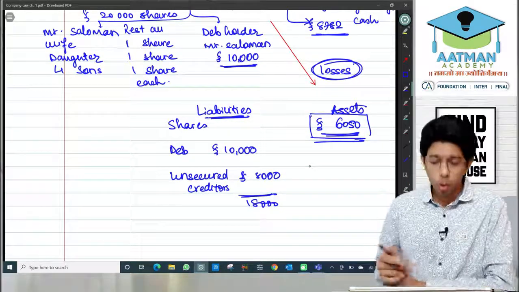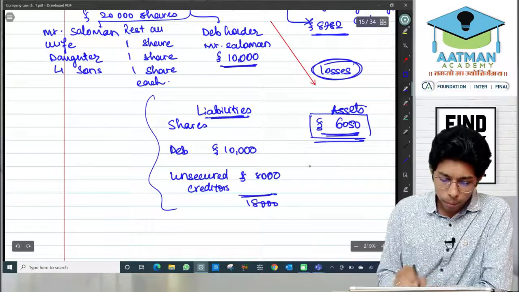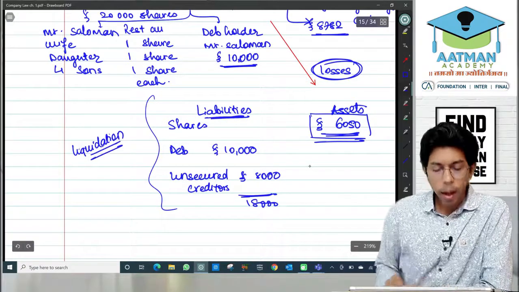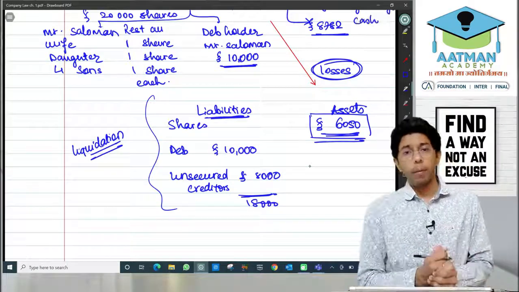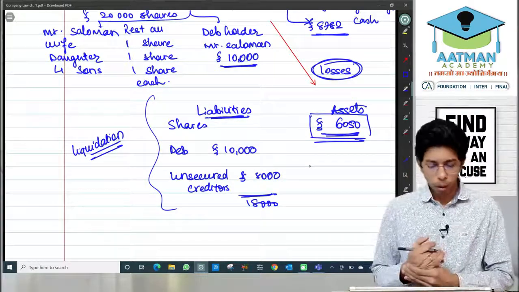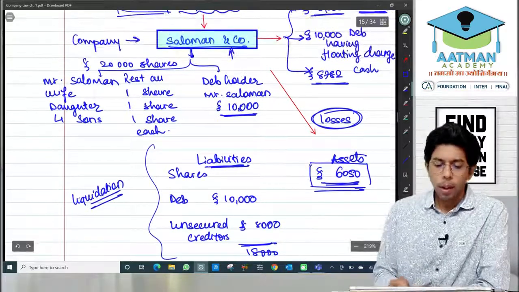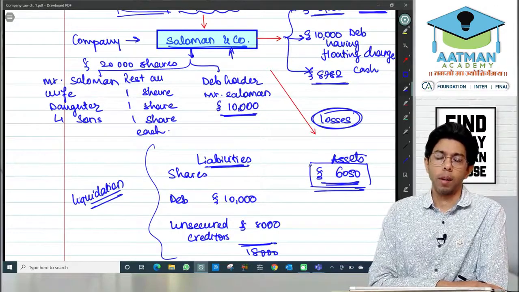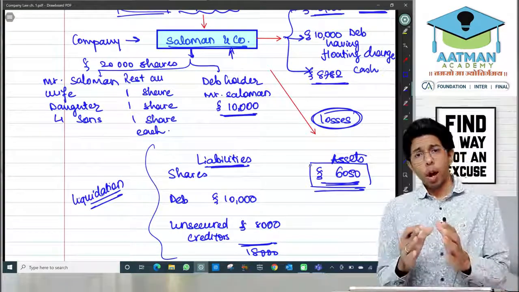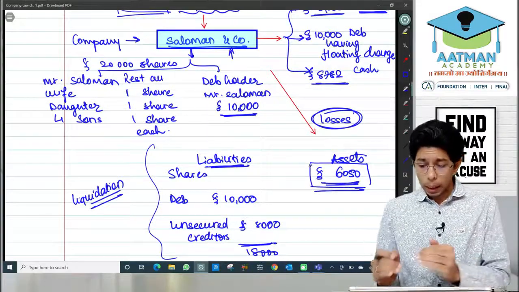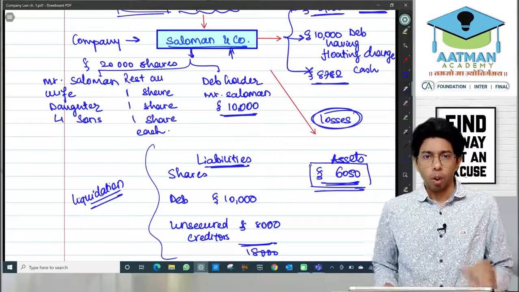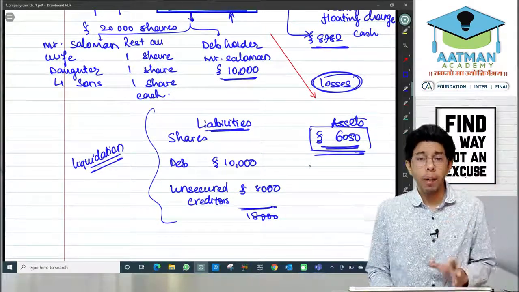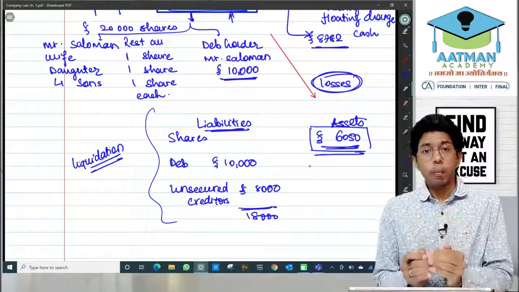Then the company goes into liquidation. Now what will happen if the company goes into liquidation? At the time of liquidation, look at the priority of how liabilities are discharged. Shares will be at last. First, liability is given to specific or secured liabilities.